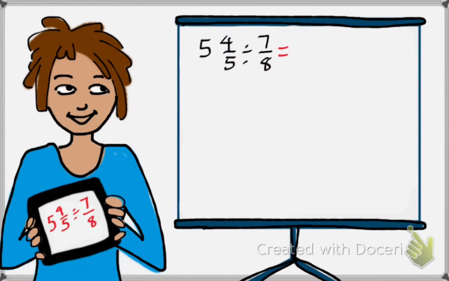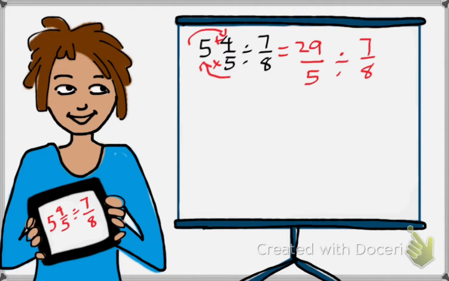Now have a look at this example. We have our mixed number 5 and 4/5 divided by our fraction 7 over 8. So first thing, we are going to multiply the denominator by our whole number. So 5 times 5 equals 25, and 25 plus 4 equals 29. And copy our denominator 5. Then divided by our number 7 over 8.